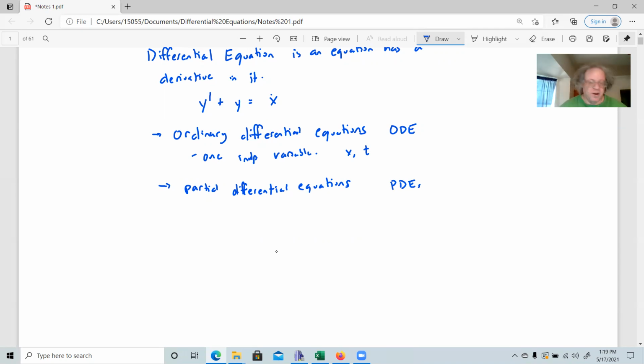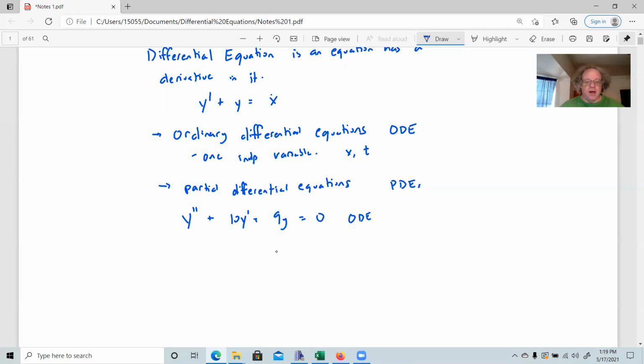Examples, right? If we have something like y double prime plus 10y prime plus 9y is equal to 0, this would be an ordinary differential equation. This would be an ODE.